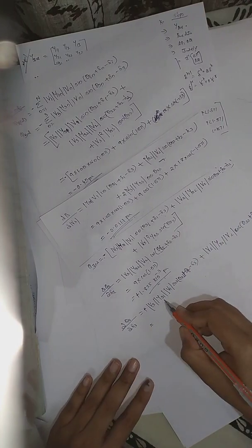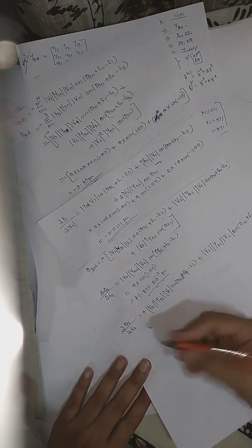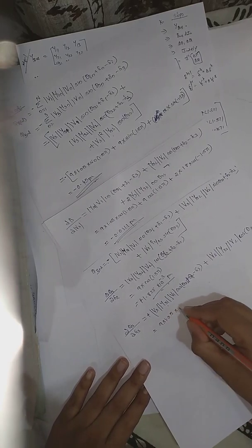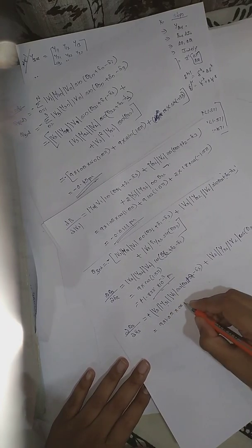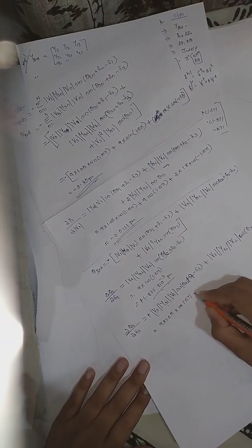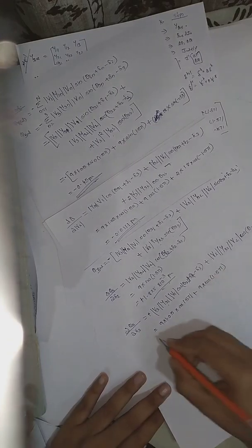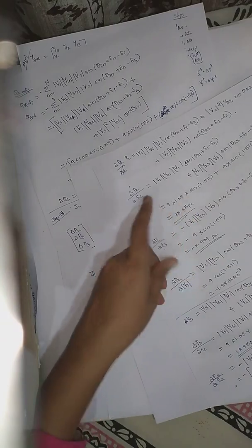V3 into what is Y31 value? Y31 value will be equal to 9 only. 9 into 1.05 into cos θ31, which is 1.571, plus V3 value is 1, Y32 value is 9 into V2 value is 1 cos 1.571. So this will be the value. Okay, I will do it again.